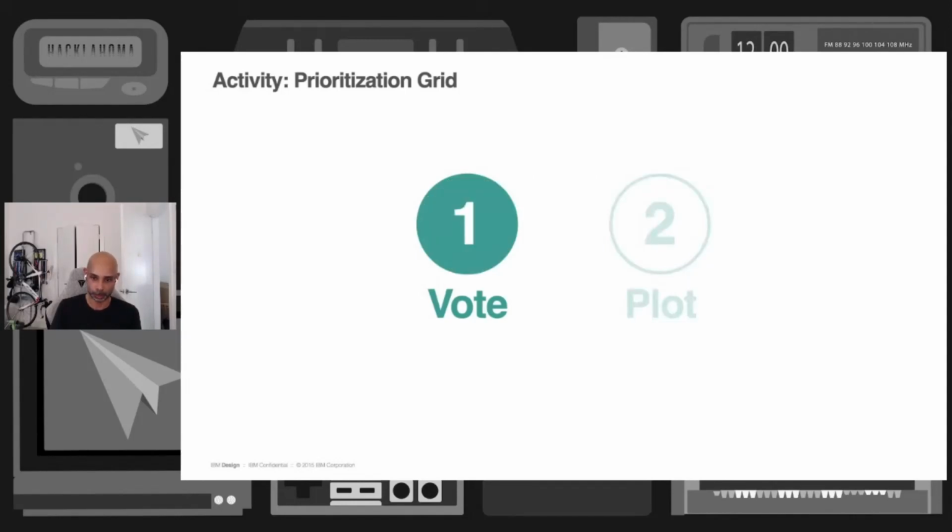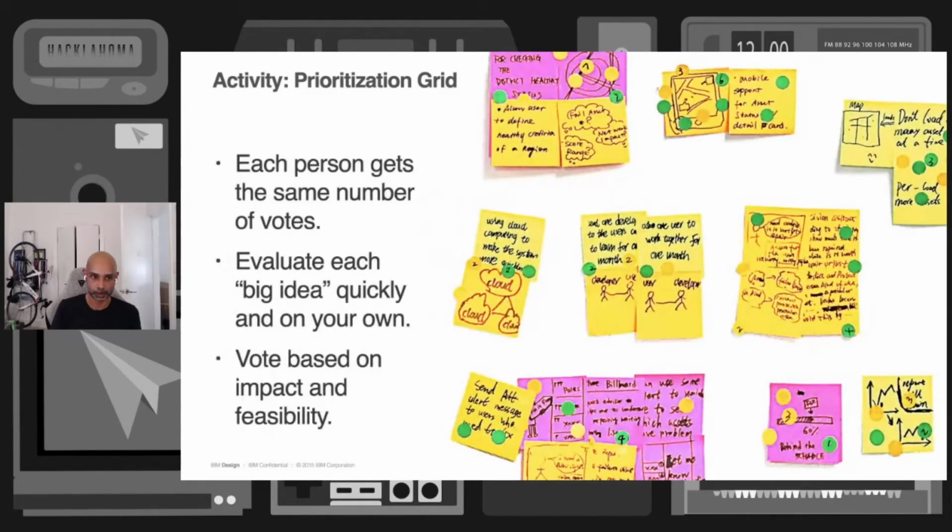So voting, here's what it looks like. Each person gets the same number of votes. You can do this in Discord, you can do this in Jamboard, you can do this literally holding up some paper to a webcam if you want, right? But everyone gets the same number of votes.